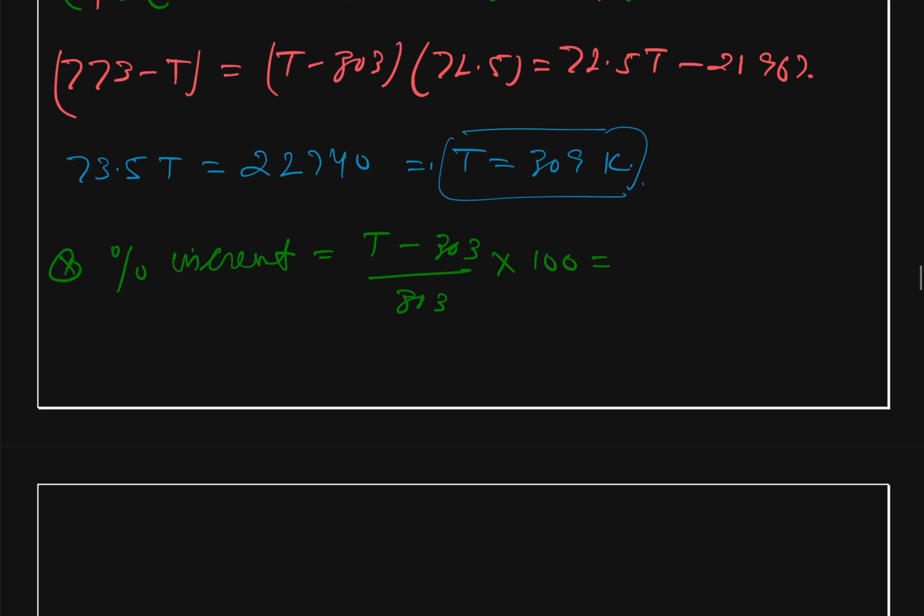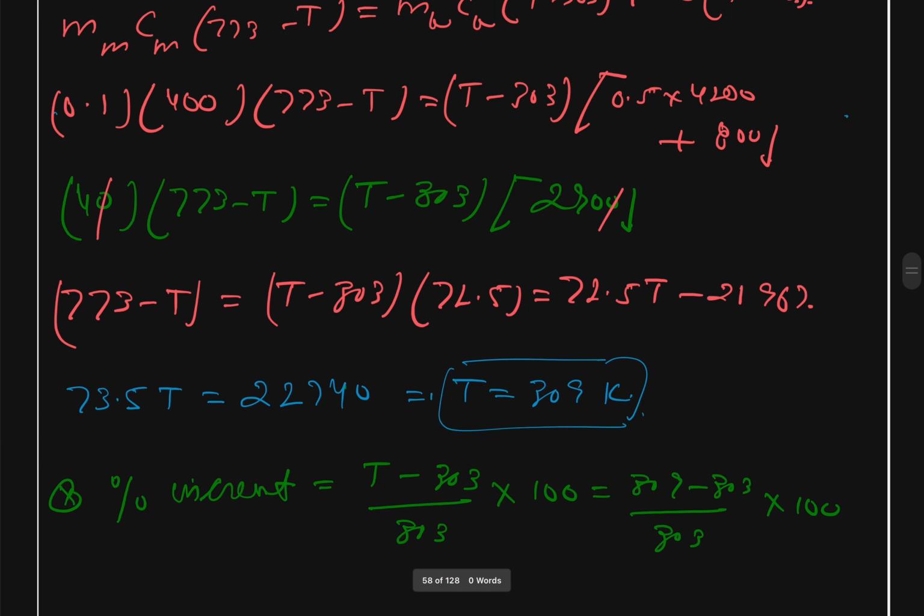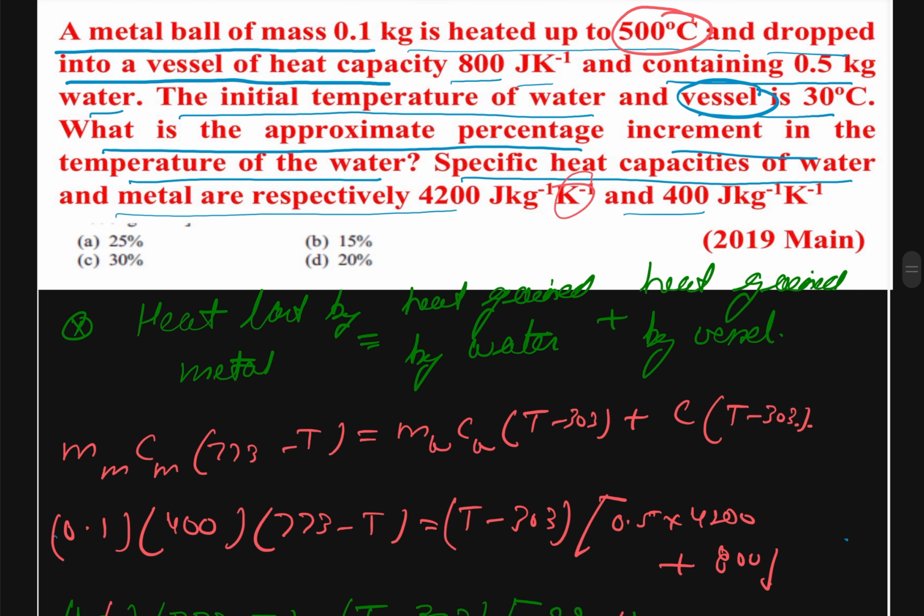So we get 309 minus 303 divided by 303 into 100, which is about 20%.